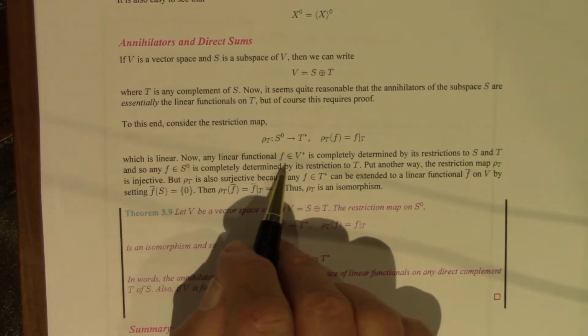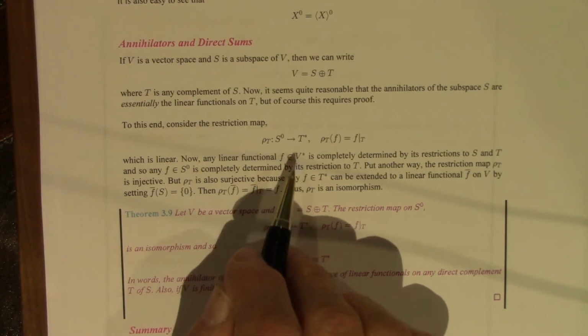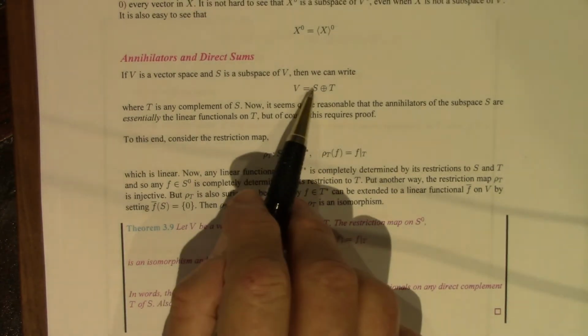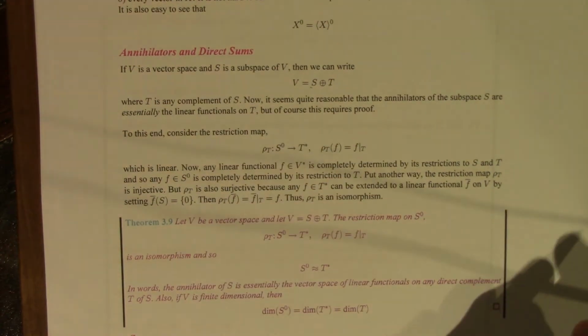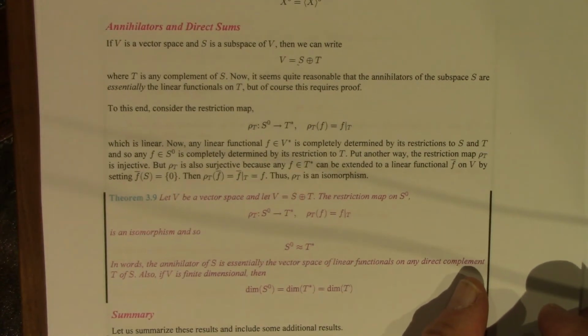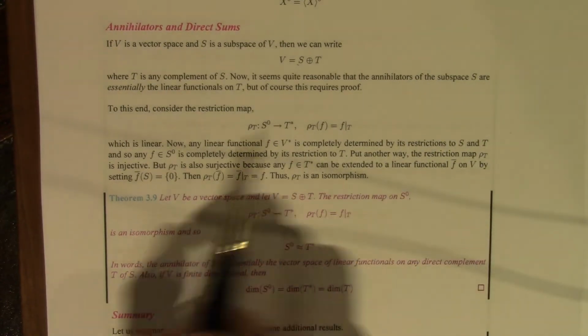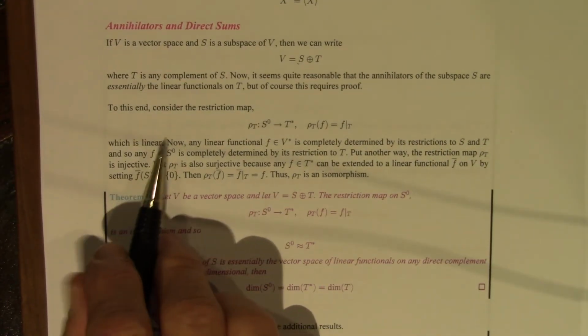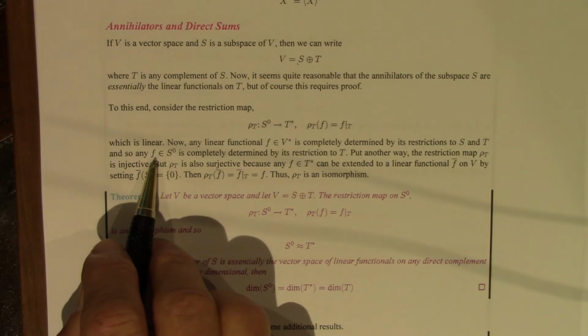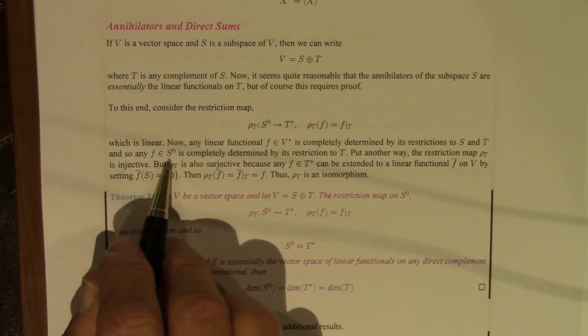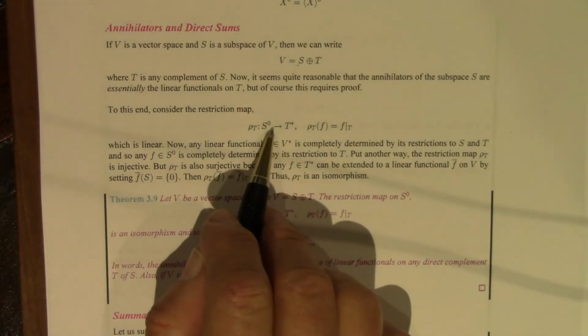And any linear functional f on V is completely determined by the two restrictions, restriction to S and restriction to T. And so a linear functional that annihilates S sends everything in S to 0.